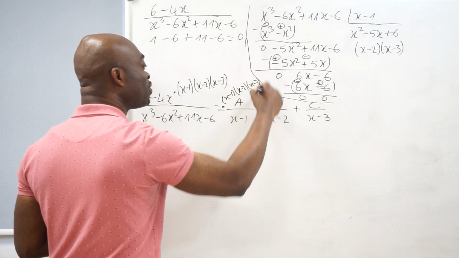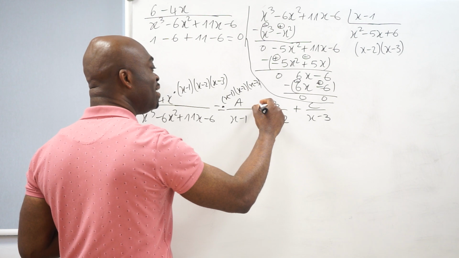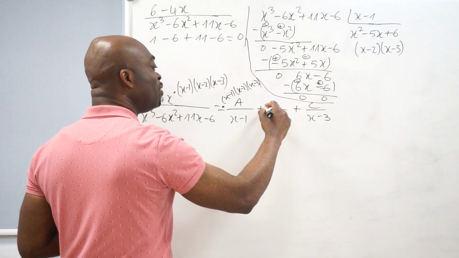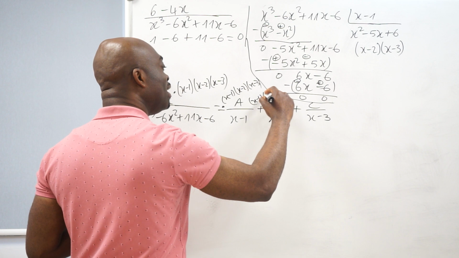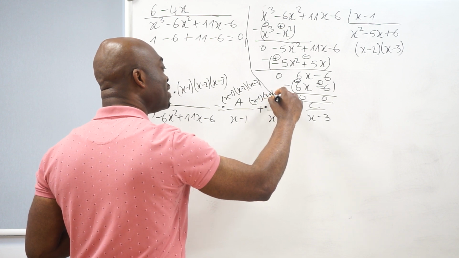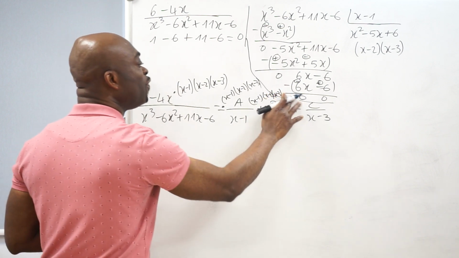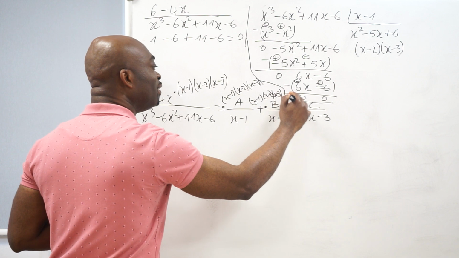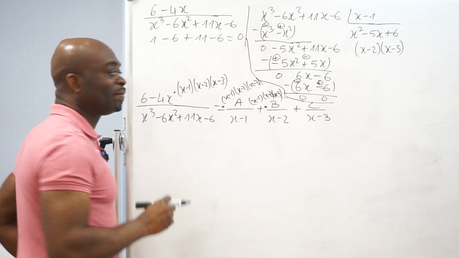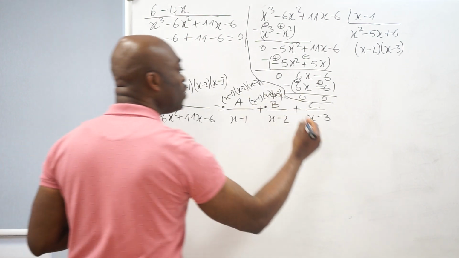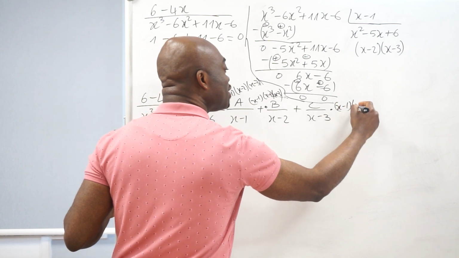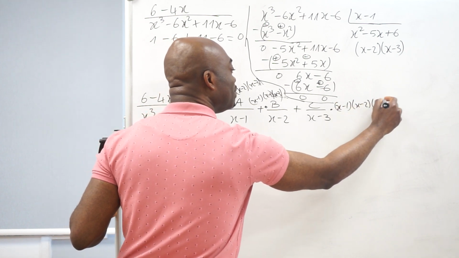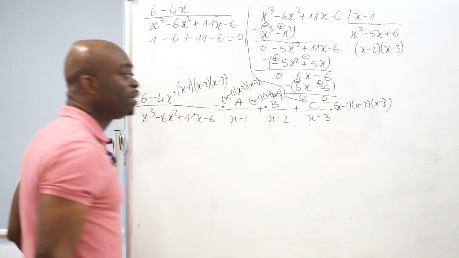You're multiplying this one also by x minus 1, x minus 2, x minus 3. And for the last one, times x minus 1, x minus 2, x minus 3. Are we good? Okay.